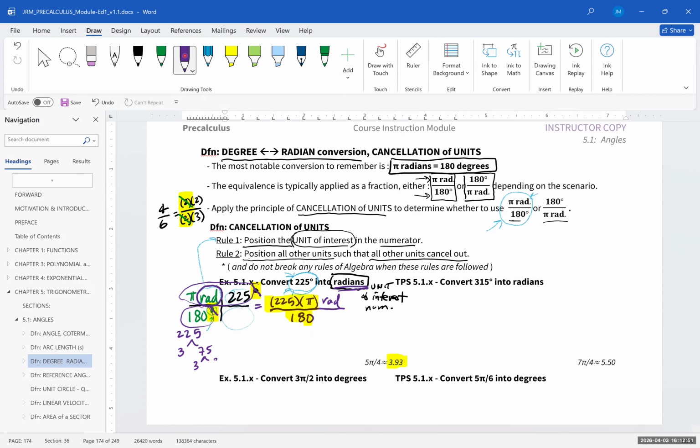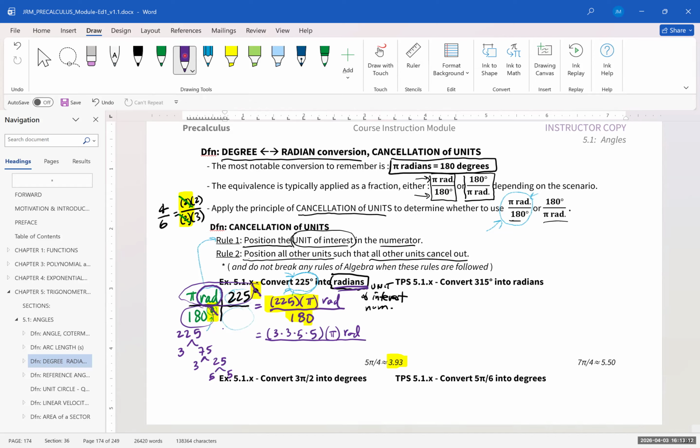Divide by 3 again, we get 25. Now we can't divide by 3, so we can divide by 5. So 225 is 3 times 3 times 5 times 5. That's going to be times pi radians.